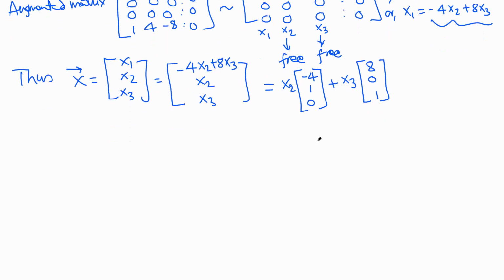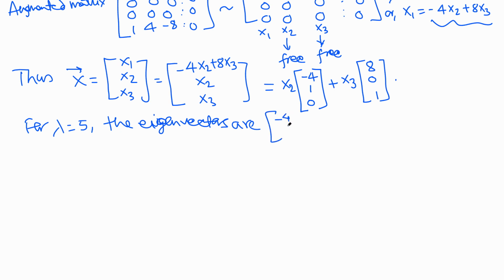Okay, so these are the eigenvalues. So let me write it this way. For lambda equals 5, the eigenvectors are (-4, 1, 0) and (8, 0, 1).